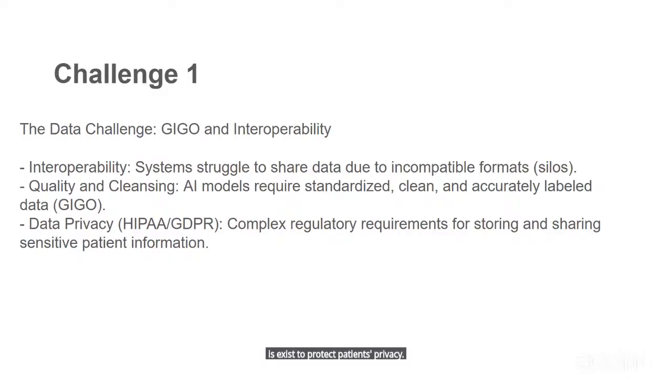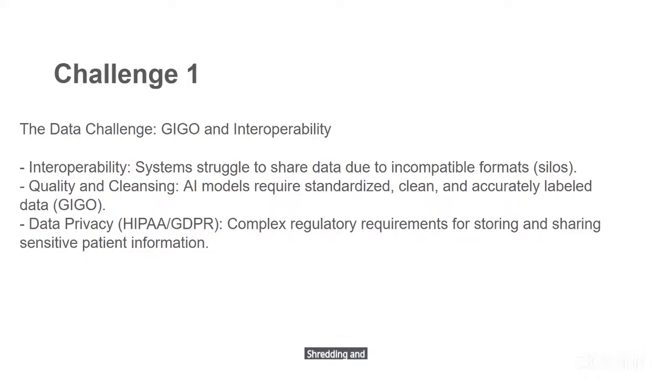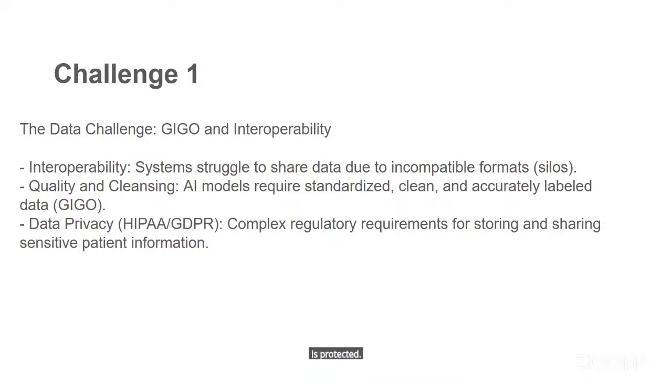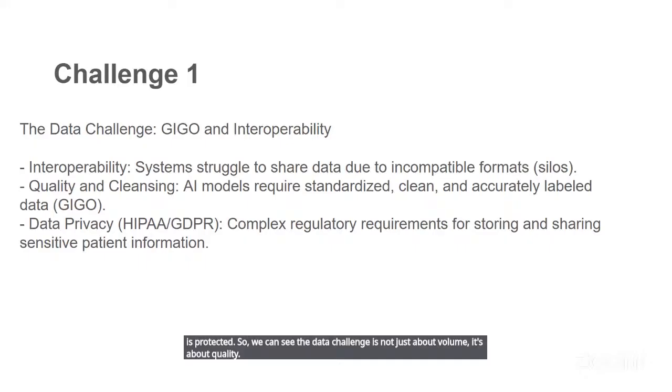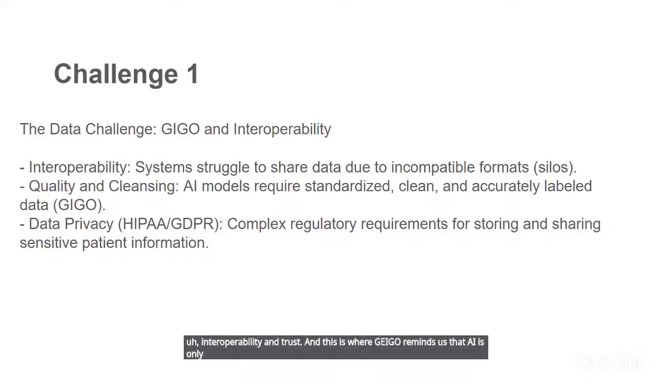However, these regulations also add complexity to data storage, sharing, and AI development. So trust is not negotiable. Patients must know their data is protected. So we can say the data challenge is not just about volume; it's about quality, interoperability, and trust. And this is where GIGO reminds us that AI is only as good as the data we feed it.